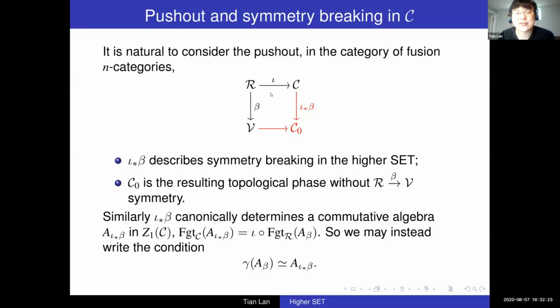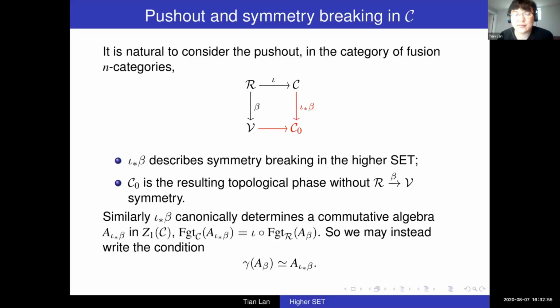So we can push out and get a fusion category C0, and we also push out beta along this embedding. So it's easy to imagine that this push out of beta, this delta star beta, describes the symmetry breaking in the higher SED phase C, and the resulting C0 is some topological phase without the symmetry.